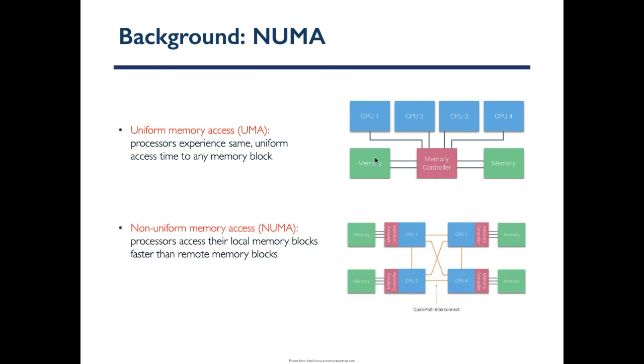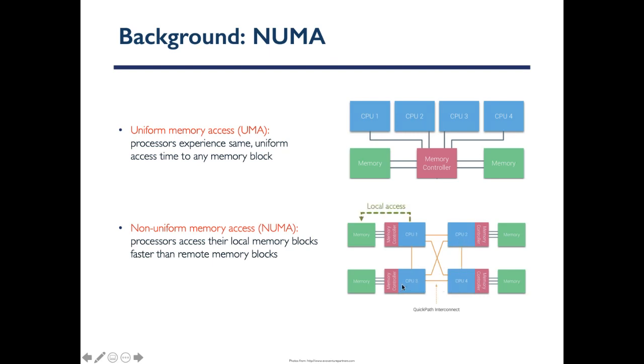Now you can compare that architecture to this architecture. In this new one, I have a memory that is local to only one CPU, but it's still accessible by other CPUs.